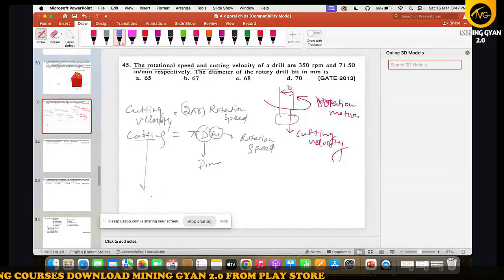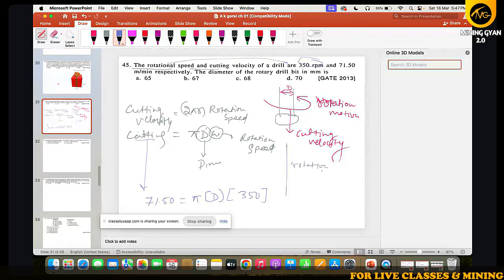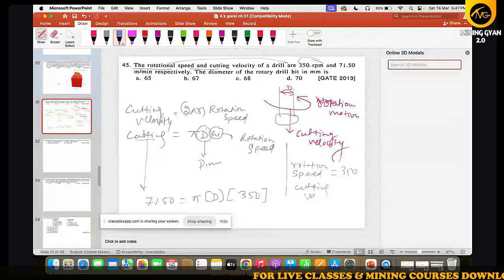So cutting velocity, he has given us 71.50 pi, and the diameter we have to find out. Cutting velocity and this is rotation speed, let me write it here: rotation speed given is 350 and cutting velocity given is 71.50.